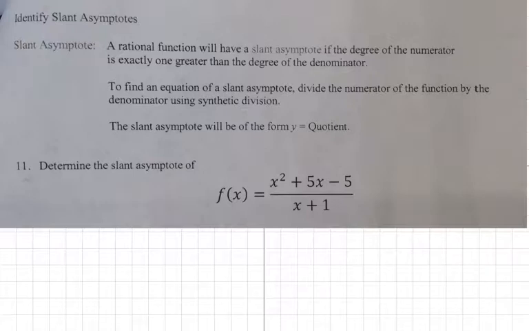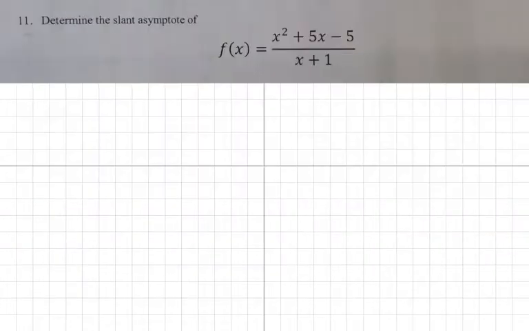So we're going to use something that we did in 3.3 in order to do this problem. So we're going to determine the slant asymptote of this rational function. Okay, the function is f of x equals x to the second power plus 5x minus 5 over x plus 1.